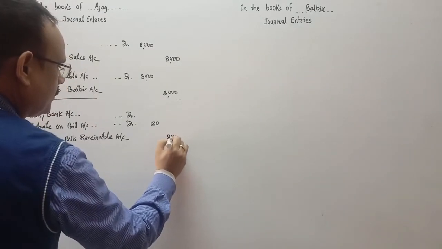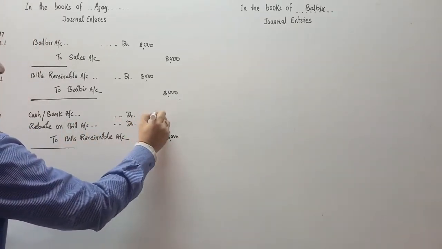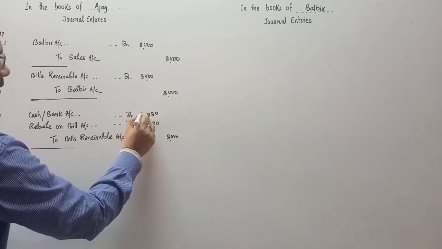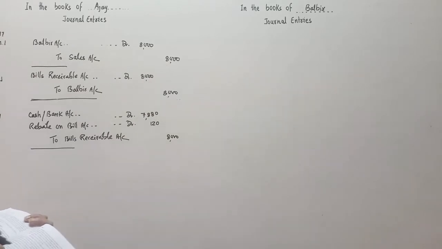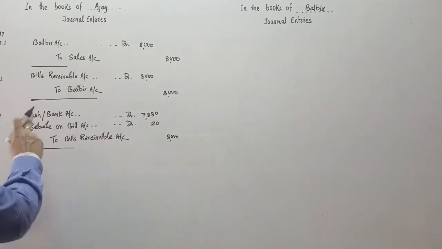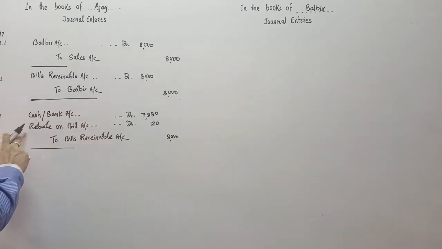So how much amount will come in cash or by cheque? The difference: 7,880 rupees will come either by cash or by cheque. So cash account debit, rebate on bill account debit. This rebate is debited because from the drawer's point of view it's an expense.